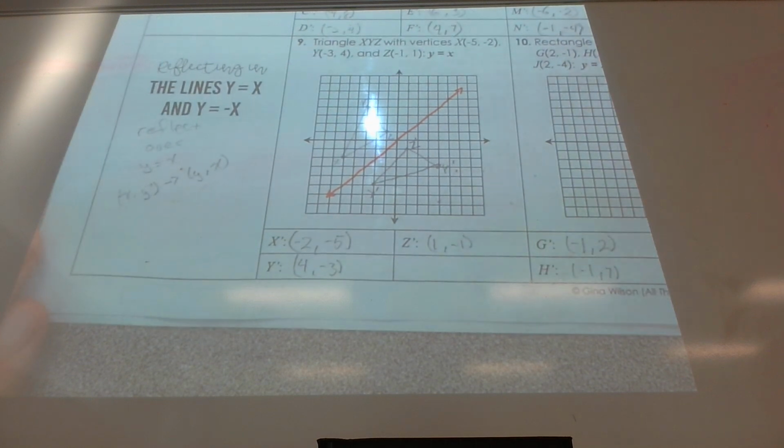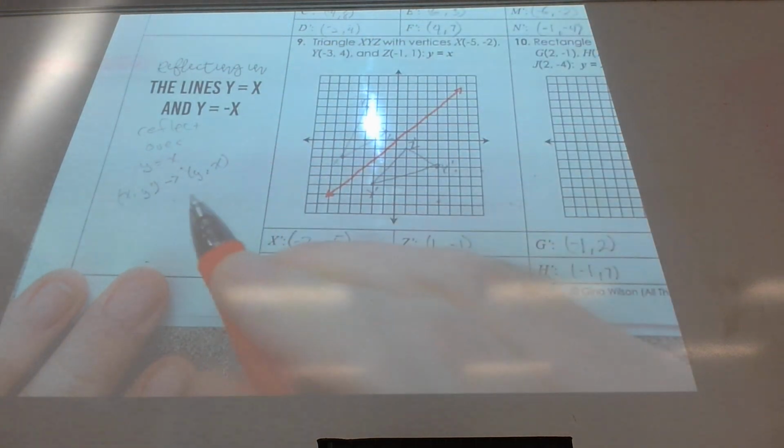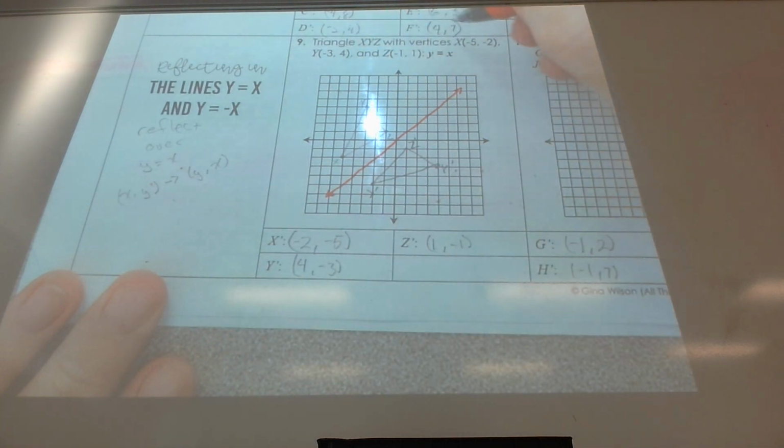Now, reflecting over the line y equals x. I could get into the complicated way of how to count and do this, but let's make it simple. To reflect over y equals x, we just switch the coordinates. x, y becomes y, x.